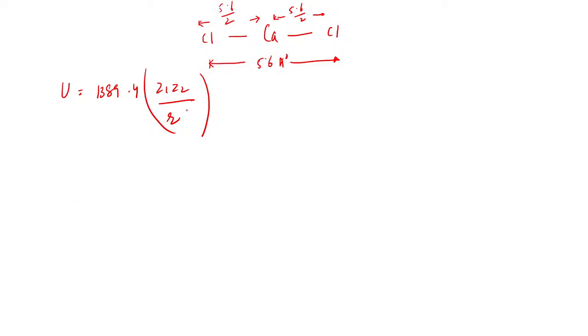So we have to take three cases. Let's suppose this is calcium 1 and this is calcium 2. This is chlorine 1 and this is chlorine 2. So your potential energy would be the potential energy of chlorine 1 and calcium, plus the potential energy of calcium and chlorine 2, plus the potential energy of chlorine 1 and chlorine 2. So these are three different charges over here, and these are three possible conditions.